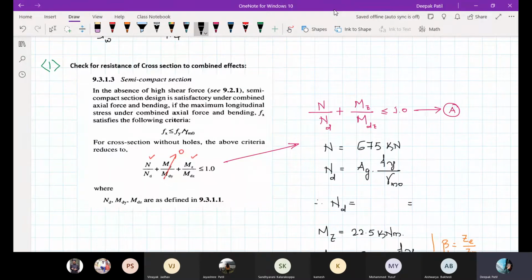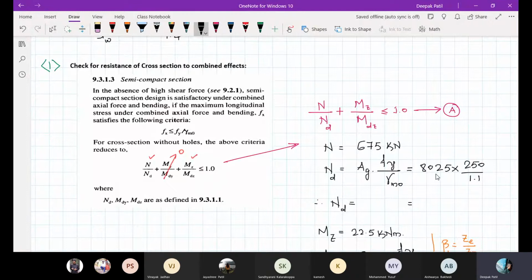ND is Ag, the gross cross-sectional area of the ISHB 300, multiplied by fy divided by gamma m0. The gross cross-sectional area of ISHB 300 is 8025, multiplied by fy of 250, divided by gamma m0, the partial safety factor, of 1.1.